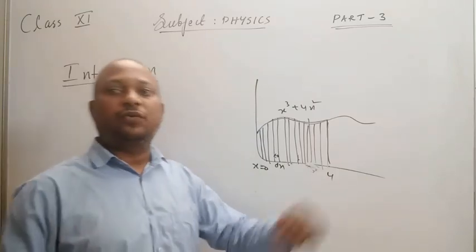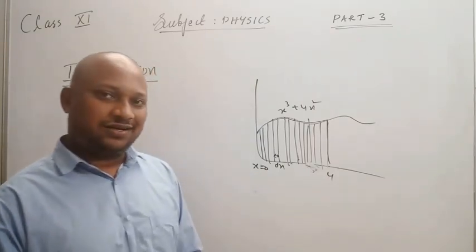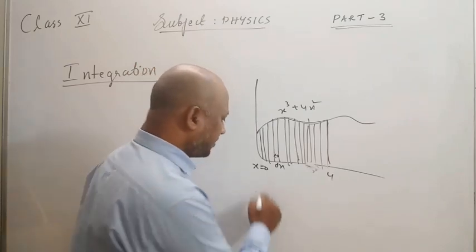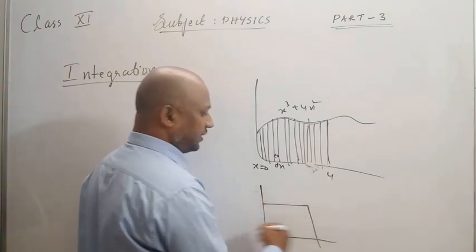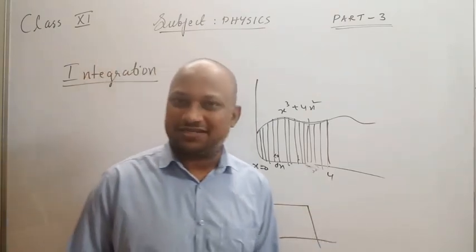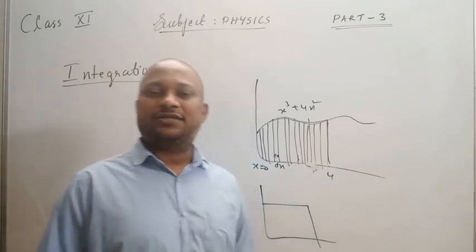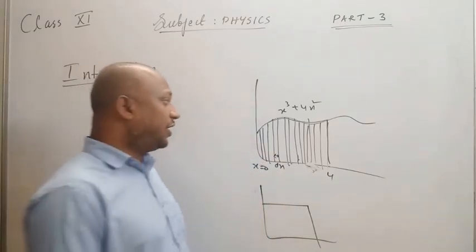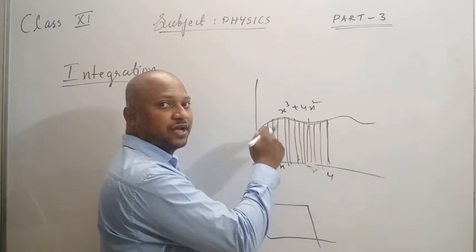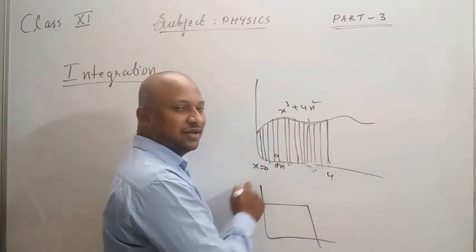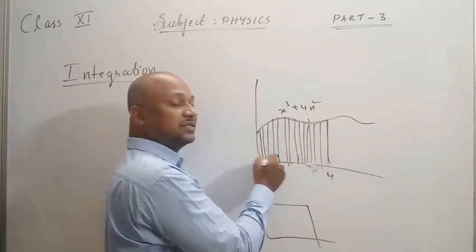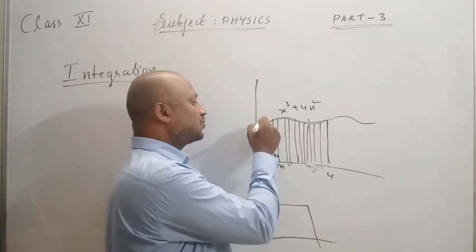So x is 1 to 4, and if it is a clear cut rectangle, then you don't need to cut it into fragments at all, because you can simply go for length into breadth. But here you have to cut into fragments because there are different lengths of rectangles, and very small rectangles with the breadth dx and the length is y.